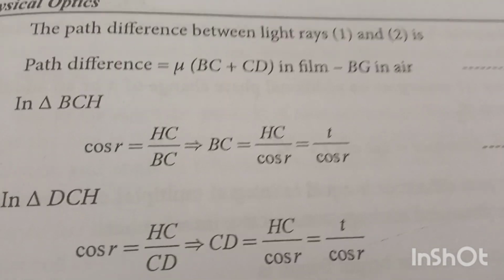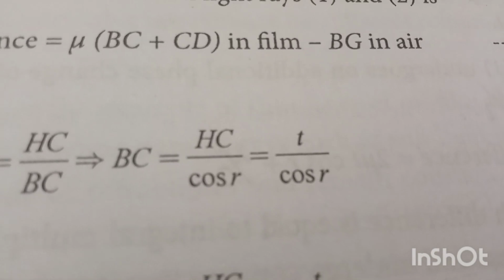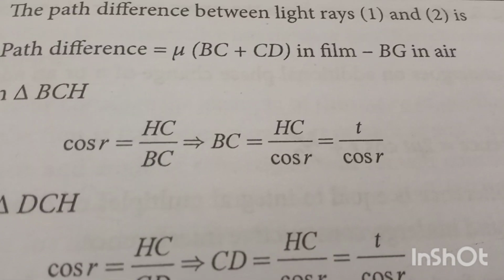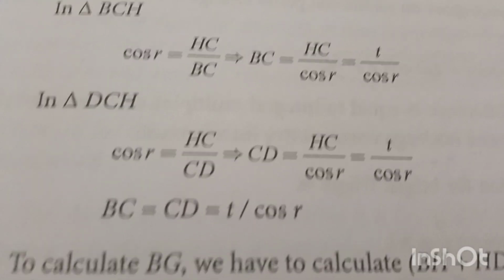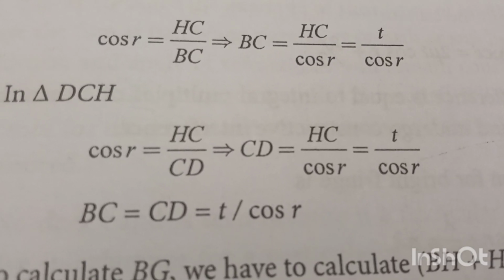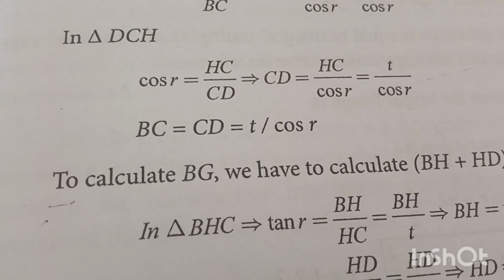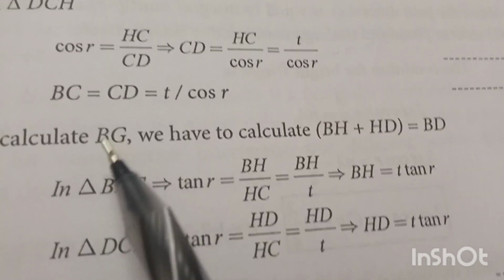So we can write cos r is equal to HC by BC, and BC is equal to HC by cos r, that is equal to t by cos r. Similarly for triangle DCH also, CD is equal to t by cos r. And next to calculate BG. So BG exists on the upper surface of the thin film.